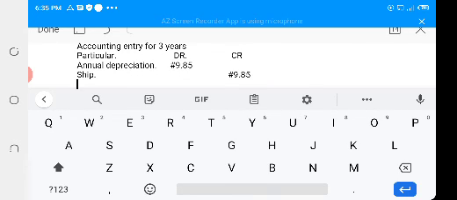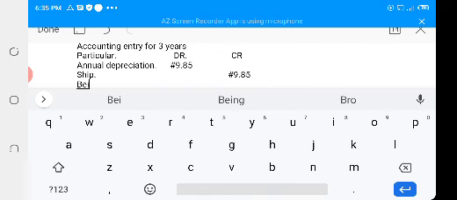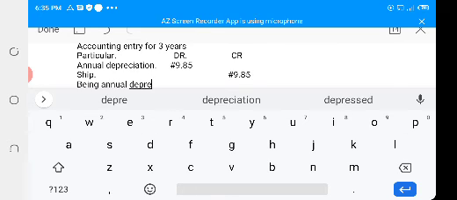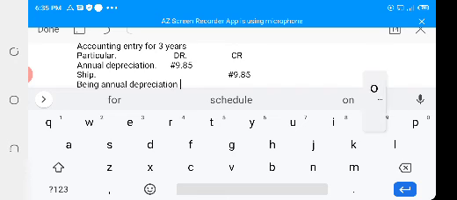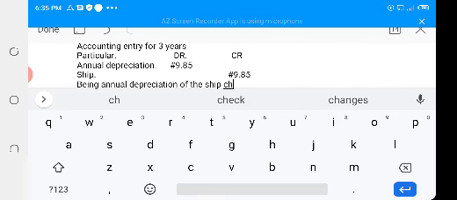This being annual depreciation of the ship charged to profit or loss account.